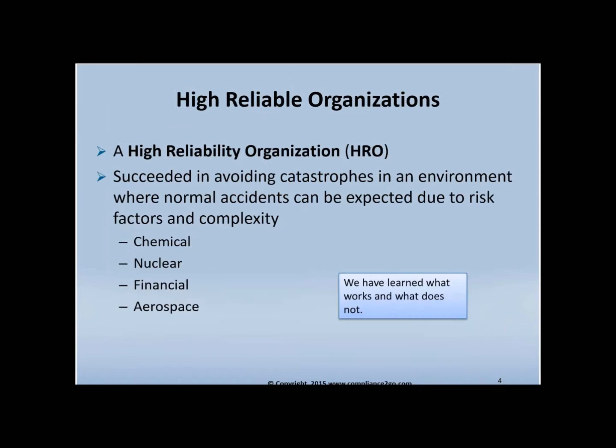Okay, so let's start with where this all comes from. All of this starts by looking for information on high reliability organizations, the HROs, which have succeeded in avoiding catastrophes in environments where normal accidents can be expected due to risk factors and complexity.